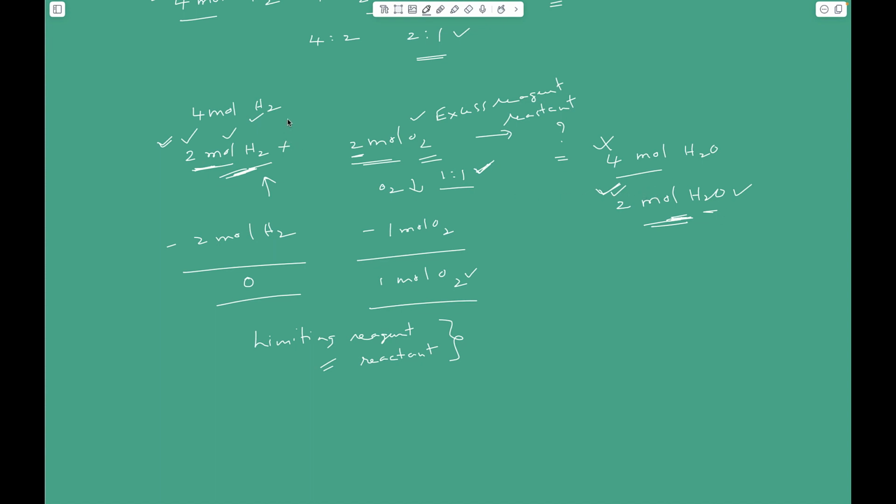Now, how do we identify the limiting reagent? Simple. Compare the ratio of the amounts taken with the ratio of their stoichiometric coefficients.